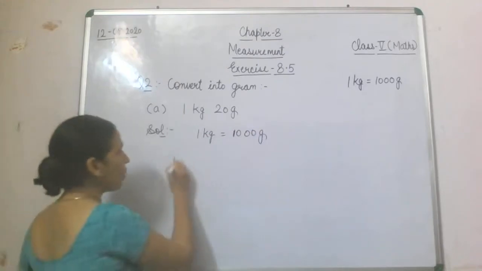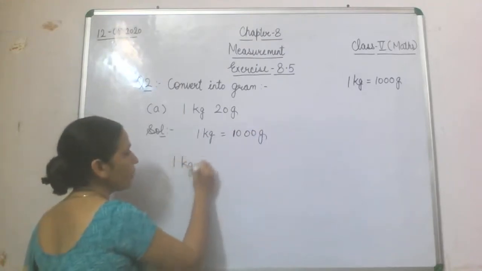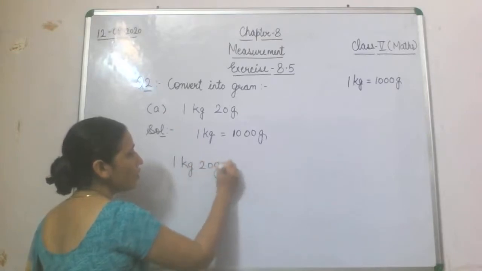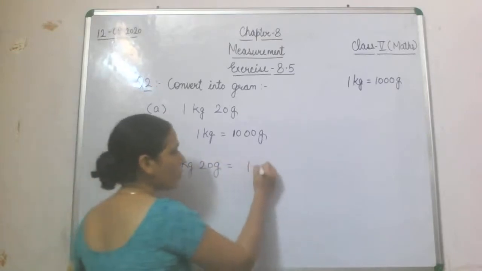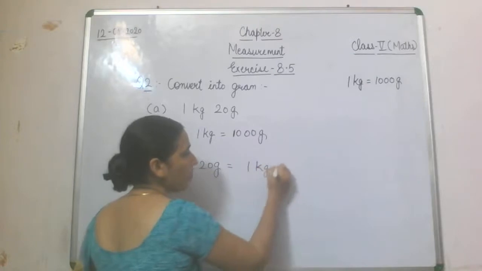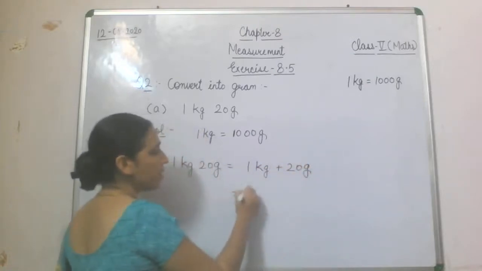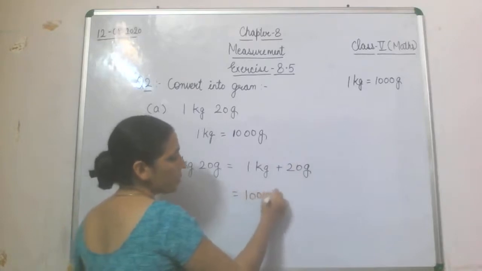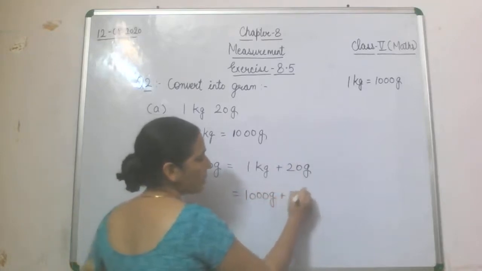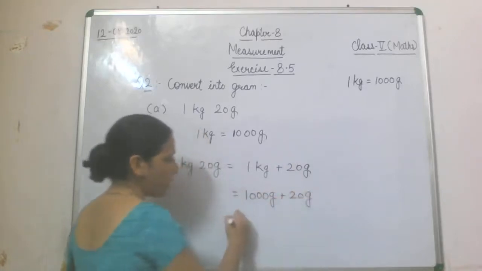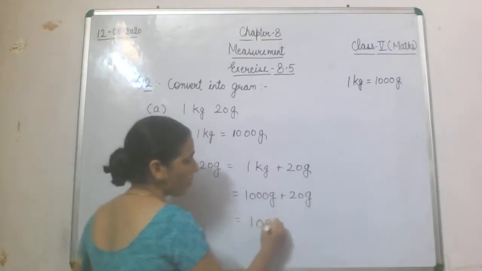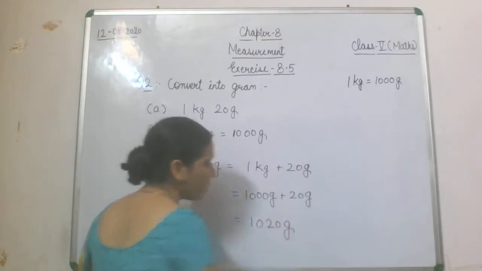Now what we will do, 1 kg 20 gram. Instead of this 1 kg plus 20 gram, we will write 1000 gram plus 20 gram. So now what is the next step? 1020, we will do the addition.